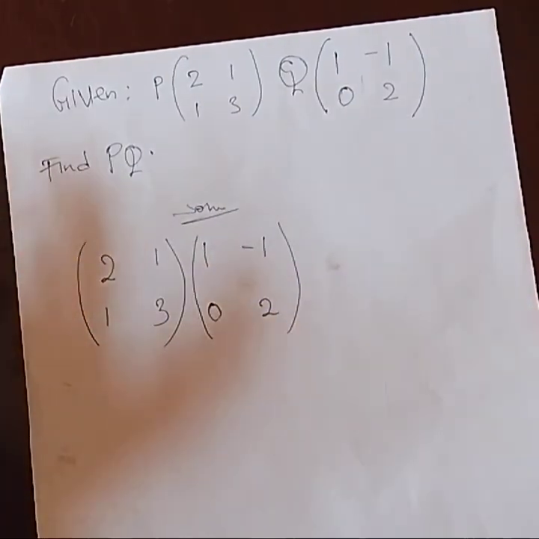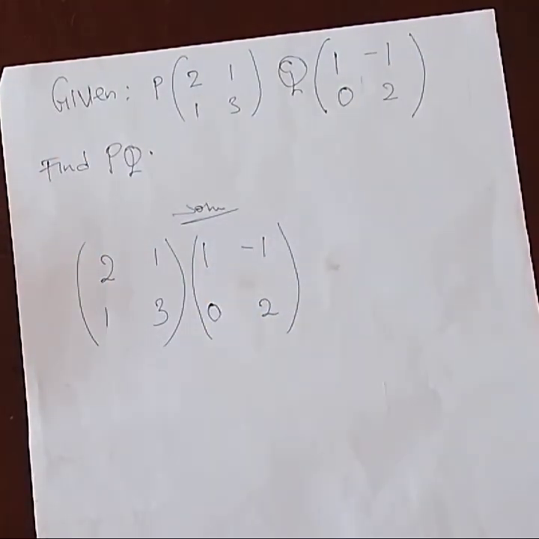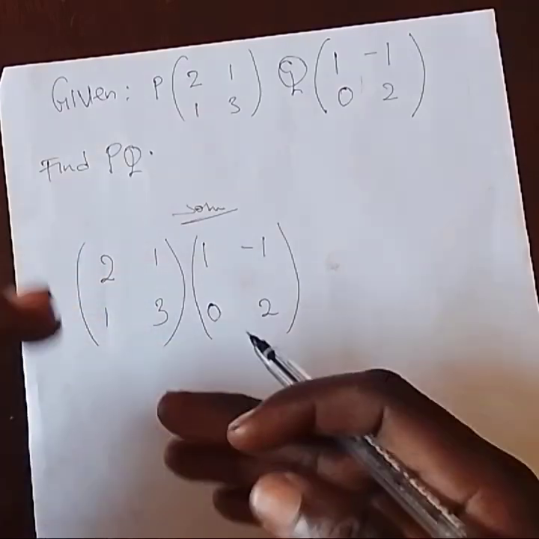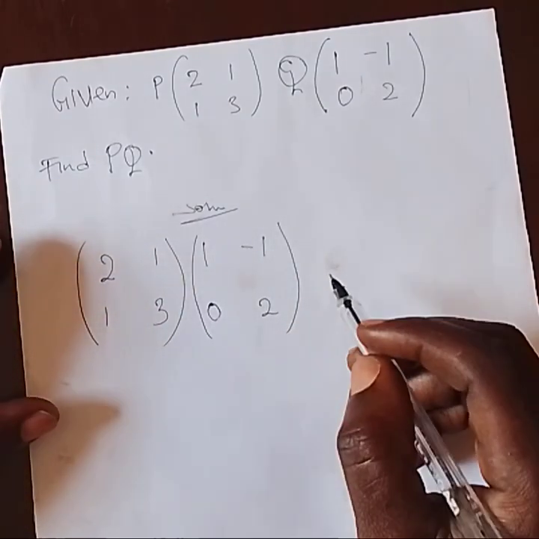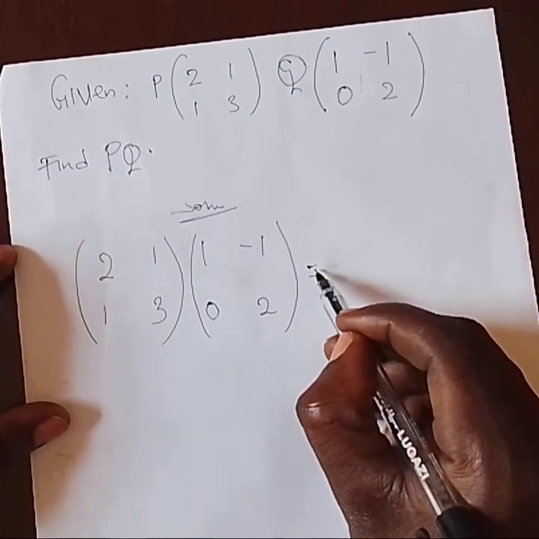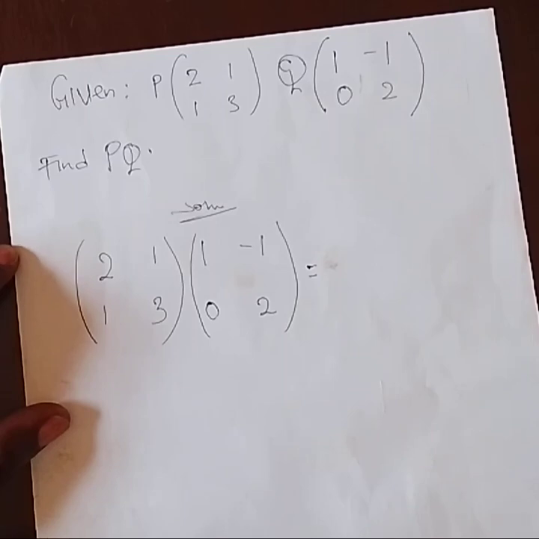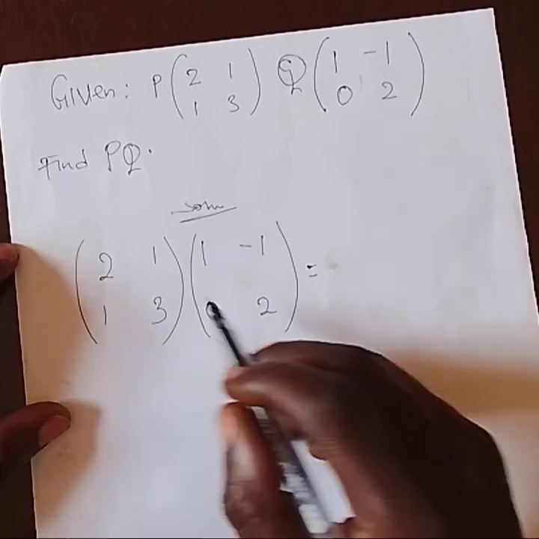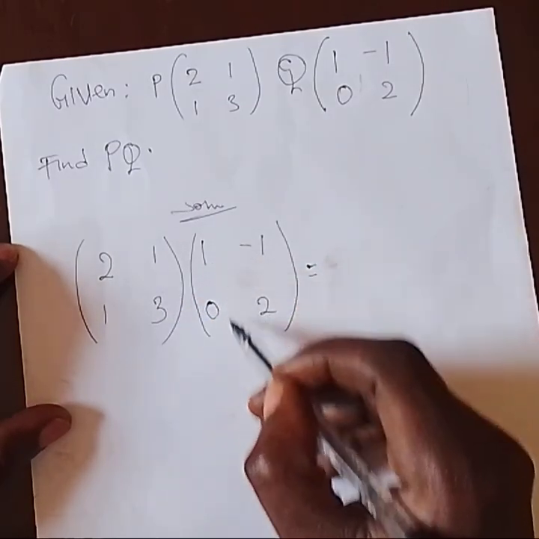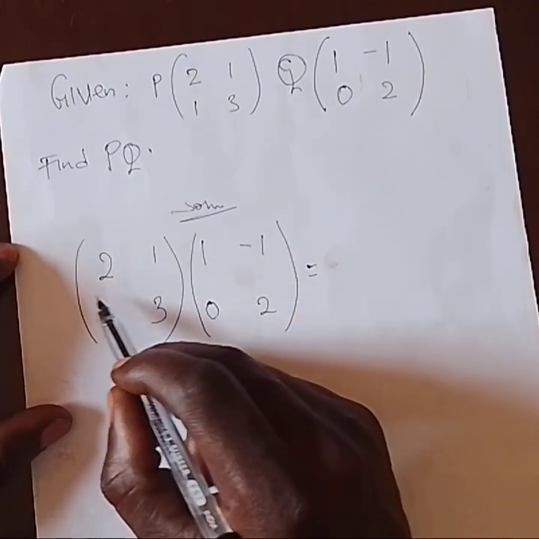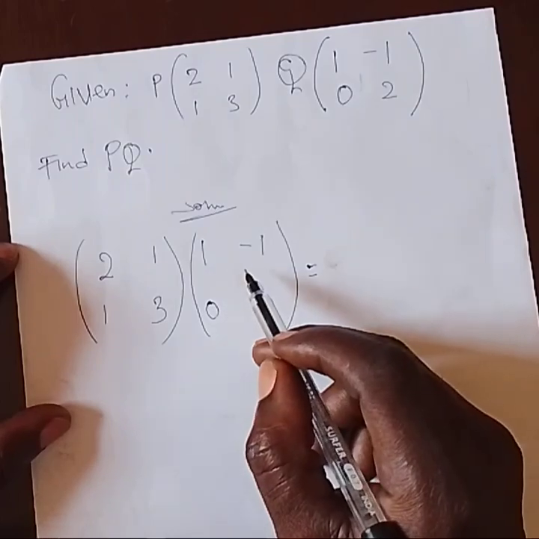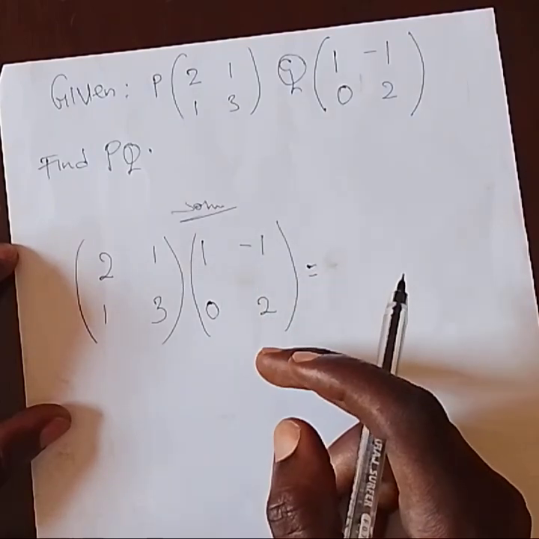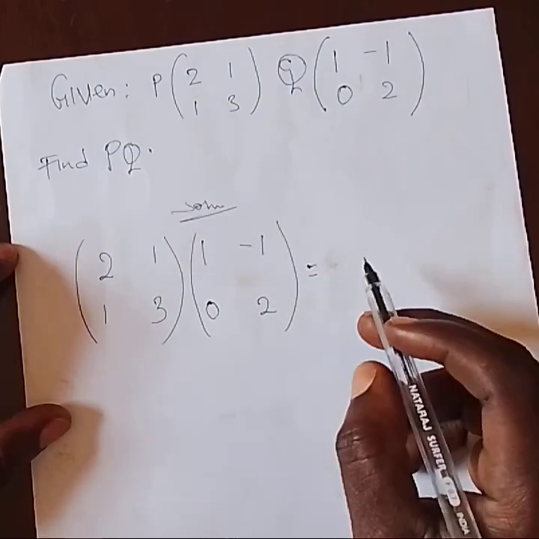When we are dealing with the matrix, what we are going to do next is multiply, since we are told to get PQ. We shall multiply row by column. We multiply like this, then we go down. You go horizontal, then you come to a vertical way.